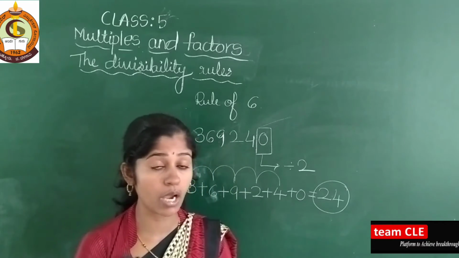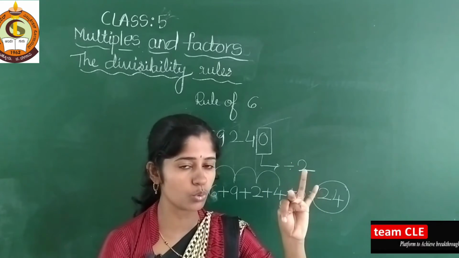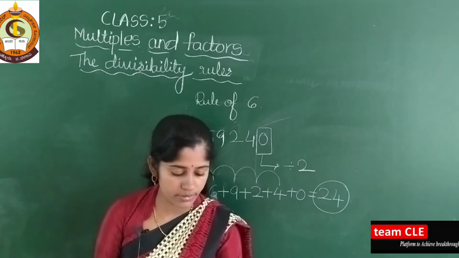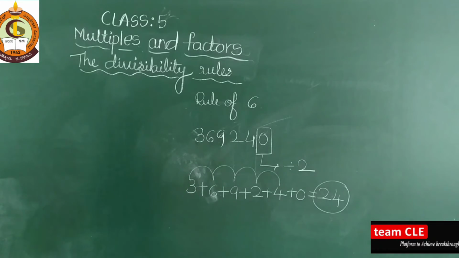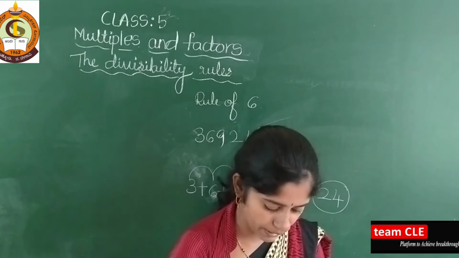Here I have now taught you the divisibility rules: the rule of 2, rule of 3, rule of 4, rule of 5 and rule of 6. Dear students, some examples are there in your My Practice Time 1. See here, which of these numbers are divisible by 6?